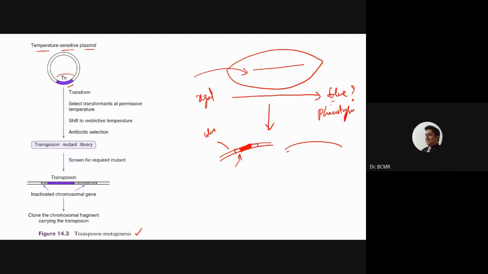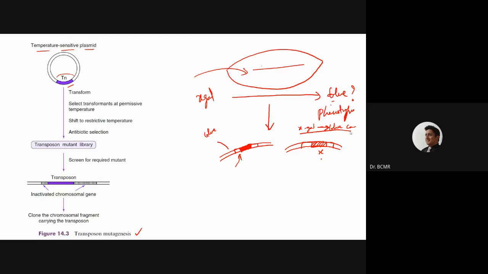Say, for example, in a different cell, the transposon has insertionally inactivated gene X, because of which this particular cell can no longer turn X-gal into a blue colored compound. Then that means gene X is, directly or indirectly, involved in the conversion of X-gal, a colorless one, into a blue colored compound, isn't it?